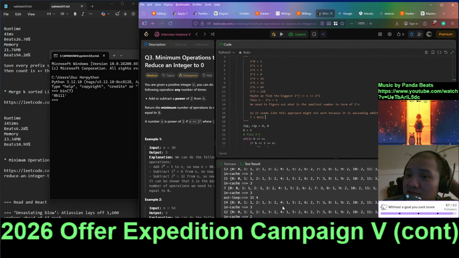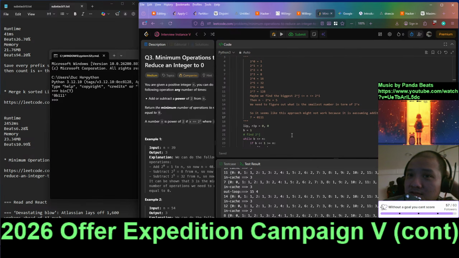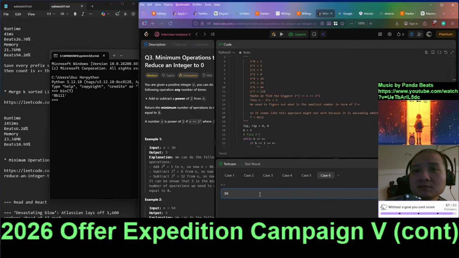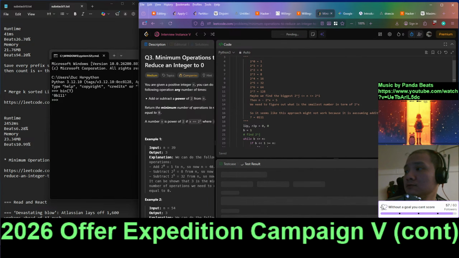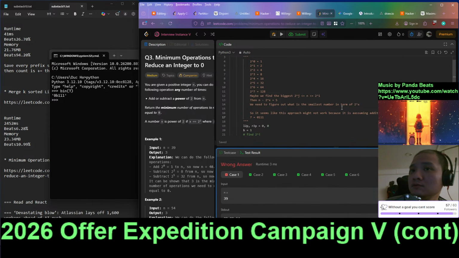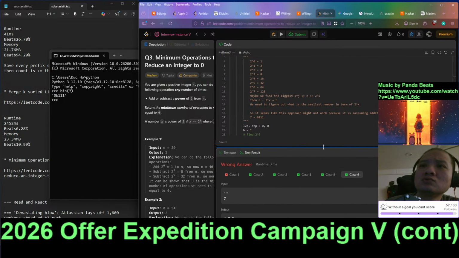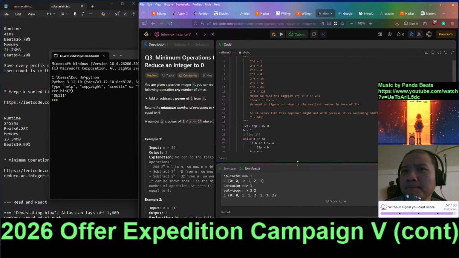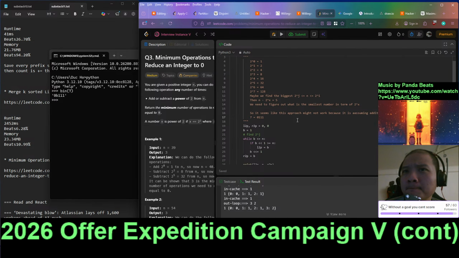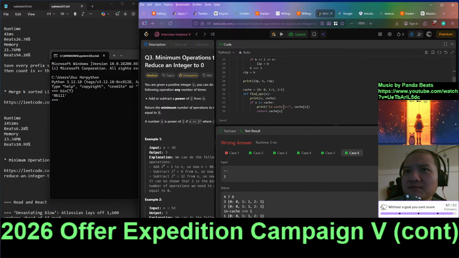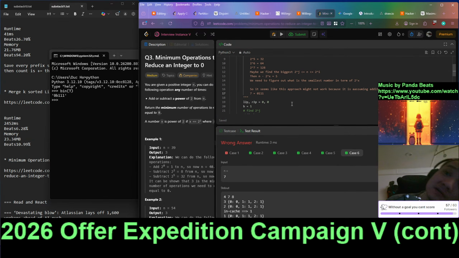We see that 7 is actually 3 here, right? So what actually is 7? Seven is 2, not 3, right? So we are off by 1. That is wrong, I think.